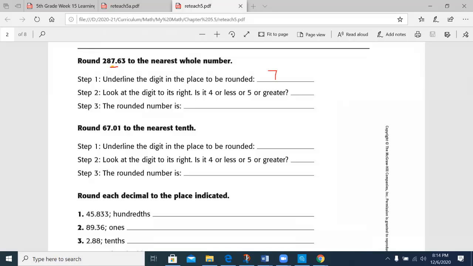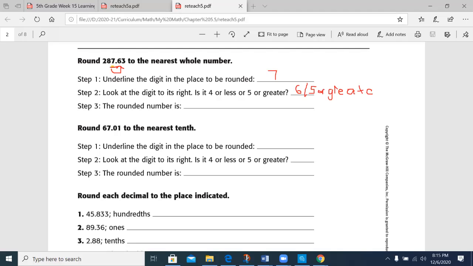We look to the digit to the right. So to the right of the 7 is a 6. Yes, I am aware there's a decimal point. That doesn't matter for this procedure. Is it 4 or less, or 5 or greater? It's a 6, so 5 or greater. Write this out here, and you should be writing this on your paper as you view this video.